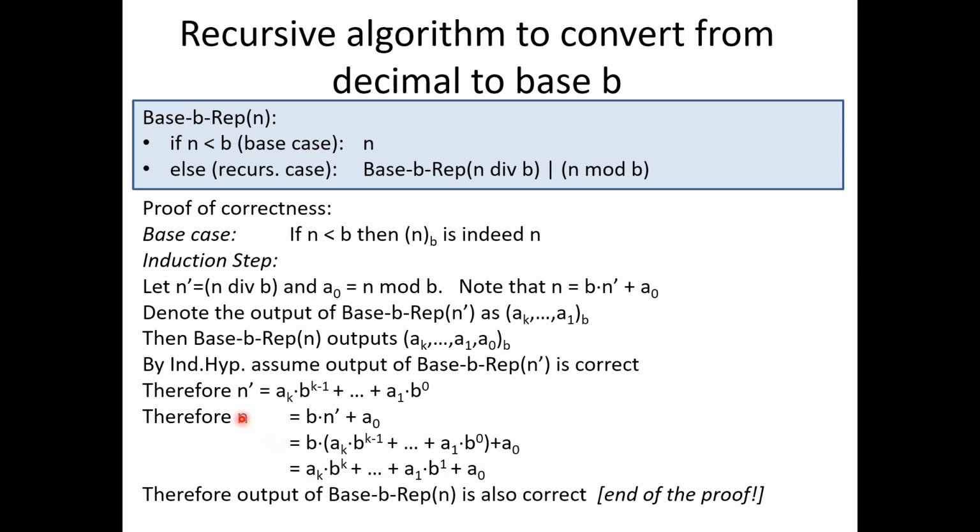So by scrutinizing what happened here, you can see that indeed base b representation is a recursive algorithm of just taking modular reductions and modular divisions and recursing on that. That's because this relation convinces you that this recursion is correct.